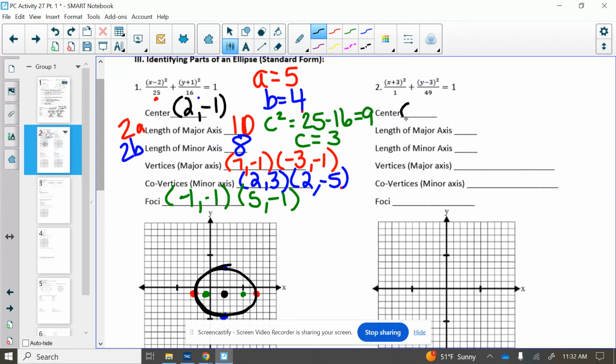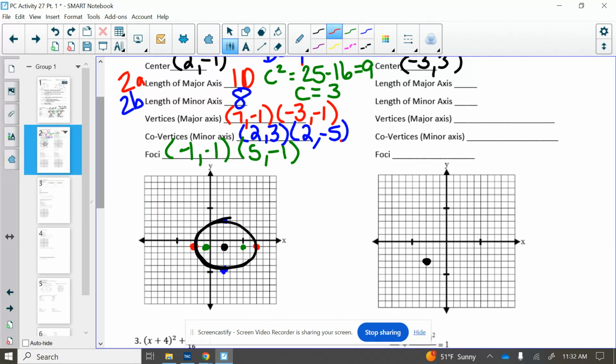Our next example, we end up with a center point this time at -3, -3. Our a parameter, this time our bigger value, a squared, is 49, which means our a value is just 7. Now notice this time this is underneath the y values. So we're going to end up going up 7 from -3, 3.